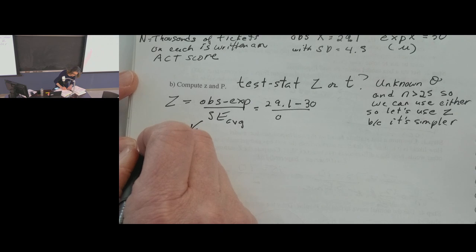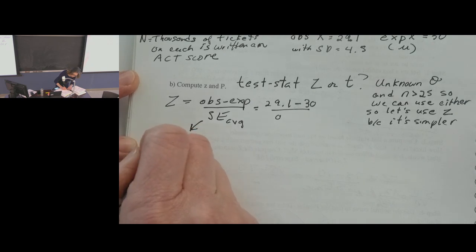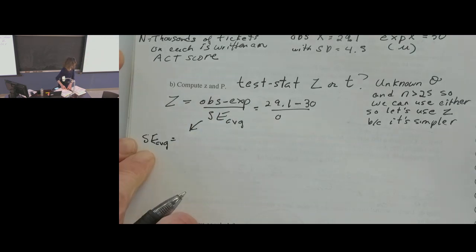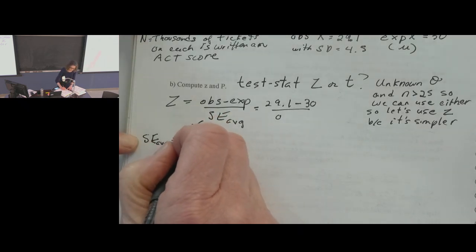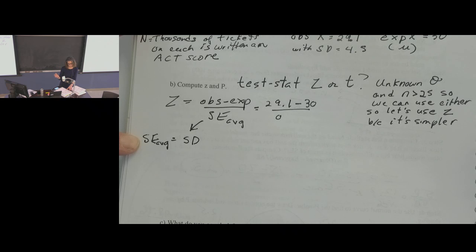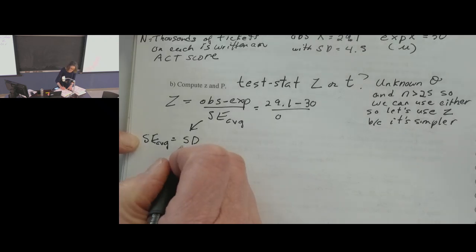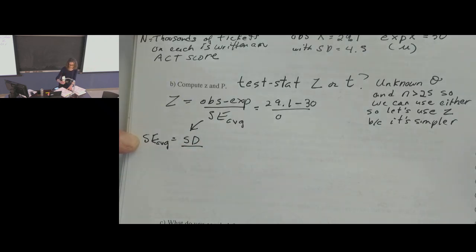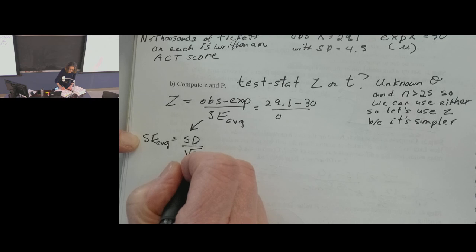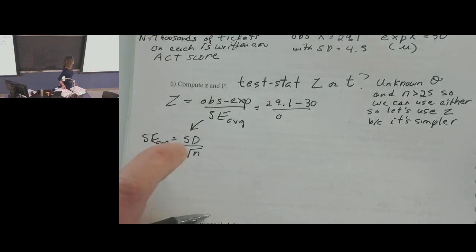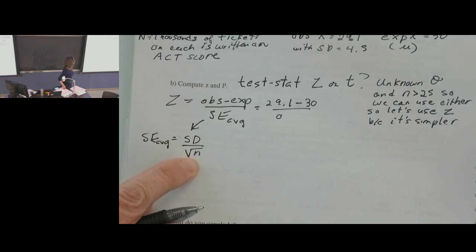So how are you going to remember it? Let's just think. What is the SE of the average? Pretend this is the exam. What are you going to do? SE is like an SD, so just write SD. It's like an SD, but it also depends on the sample size. And since it's an average, you're going to divide by the square root of n. So it involves the SD and the square root of n. That is it, SD over the square root of n.